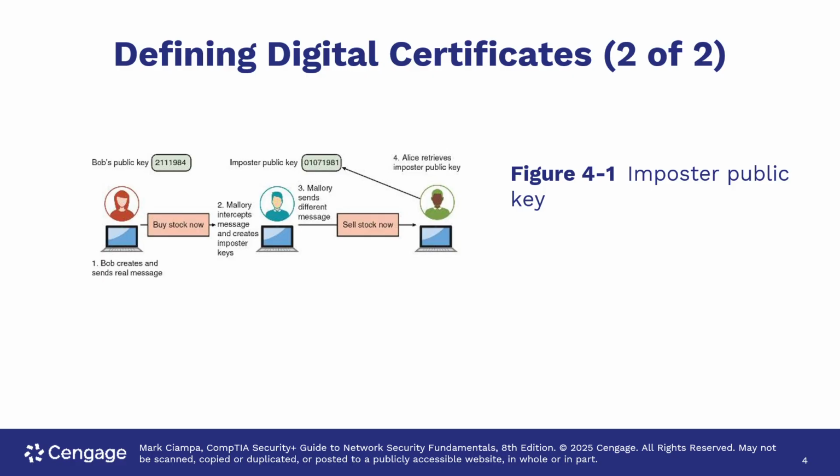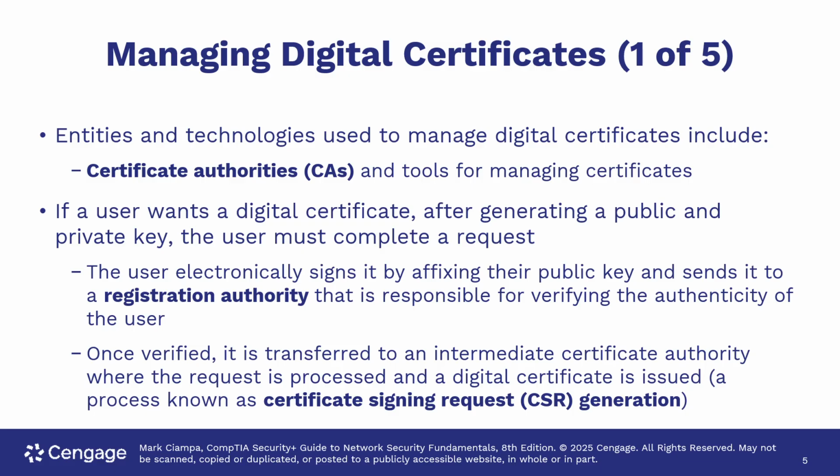Alice receives the imposter's public key, thinking it's actually from Bob, and ends up selling it, and then Bob's in trouble. Instead of buying it, he's selling stock. But the digital certificate would ensure that Alice knows that it's actually Bob and not Mallory that's sending that information.